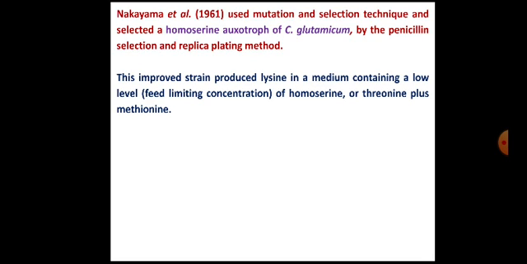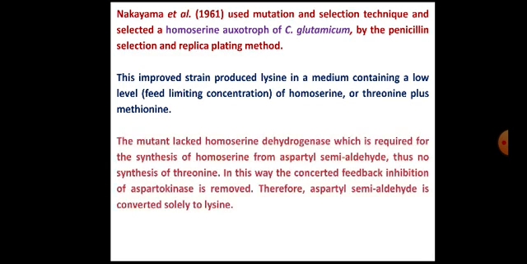This improved strain produced lysine in medium containing a low level, feed limiting concentration of homoserine or threonine plus methionine. So if this mutant is a homoserine auxotroph, then there is need of addition of homoserine in feed limiting concentration, or there can be addition of threonine plus methionine in feed limiting concentration.